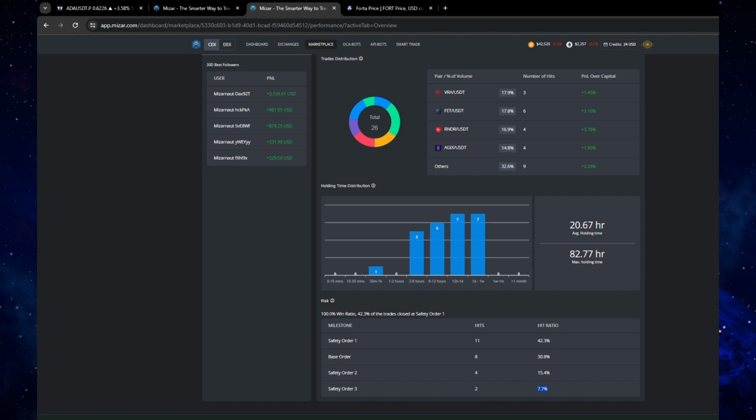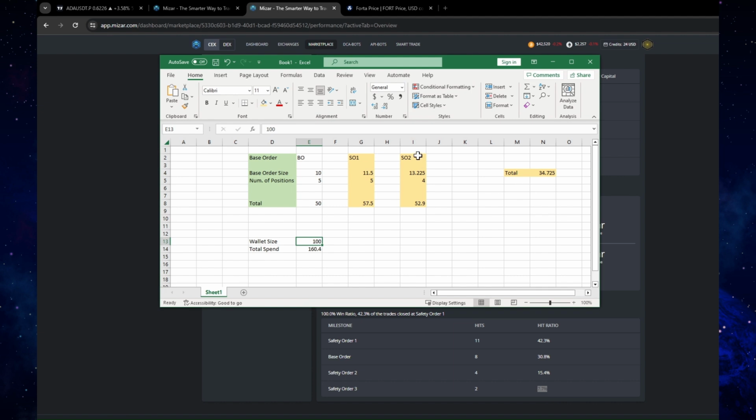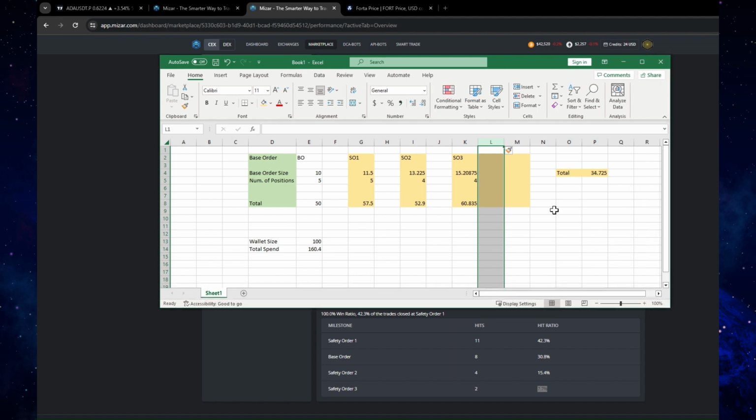So going back to an Excel file, we could say, well, let's add one more column with the 3rd safety order, like this. Or, for the sake of seeing how far the capital would need to be stretched, we could even do a 4th one.